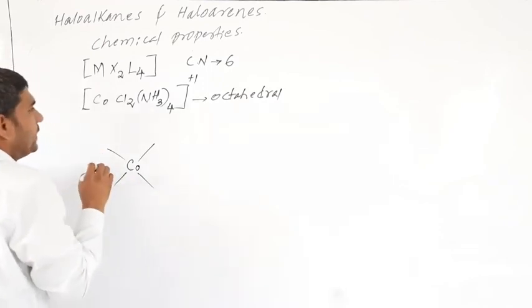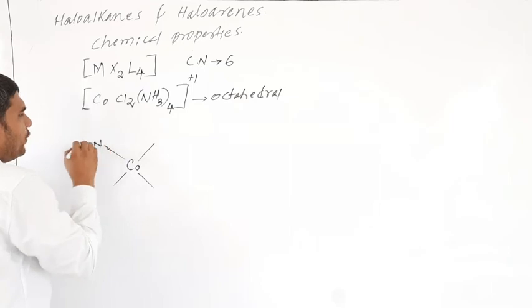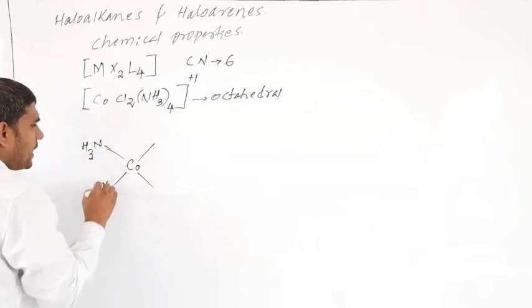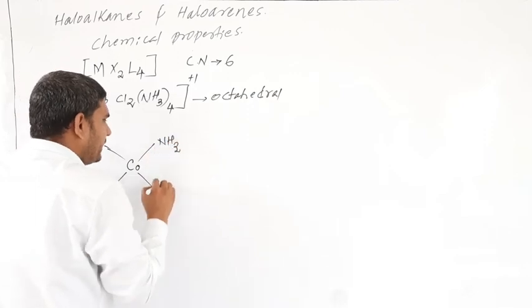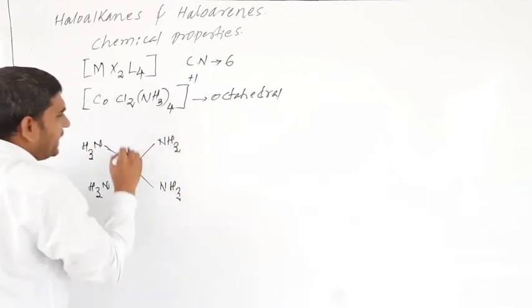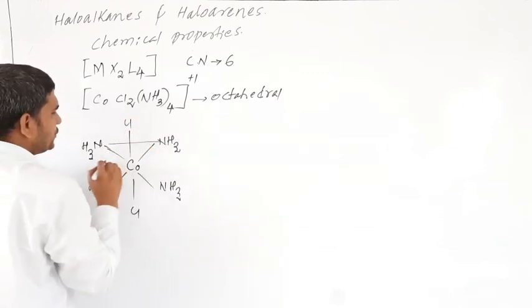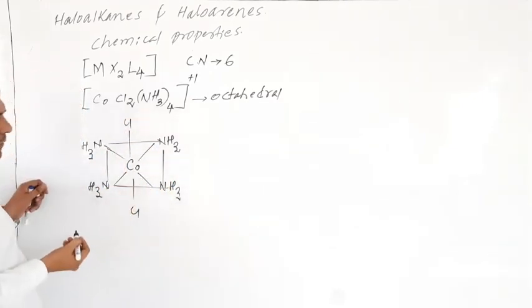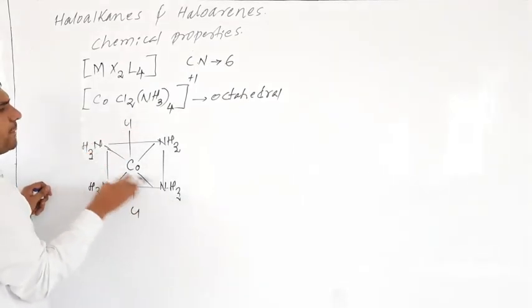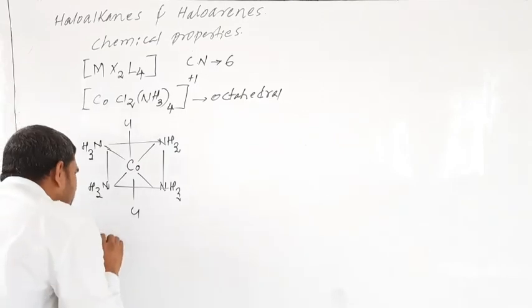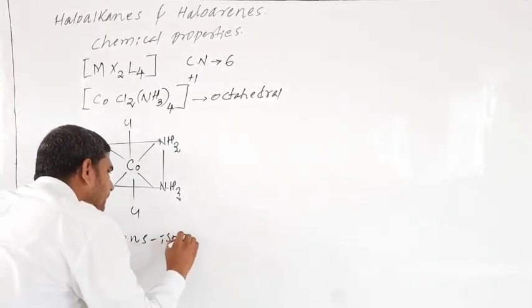If you represent ammonia over here, Cl opposite Cl. These two Cl are opposite to each other, and ammonia opposite. This is the trans isomer.